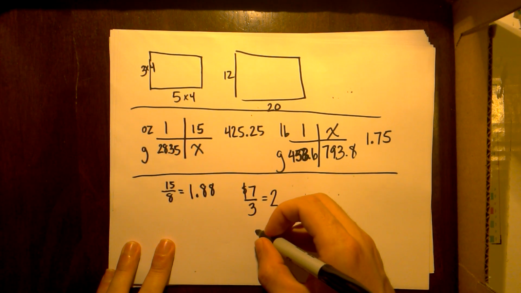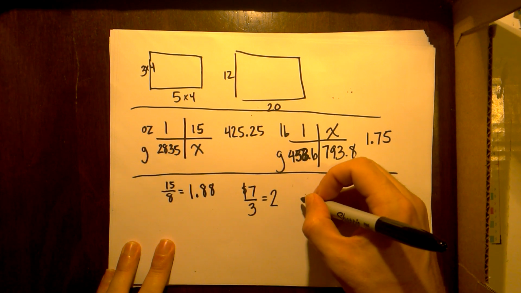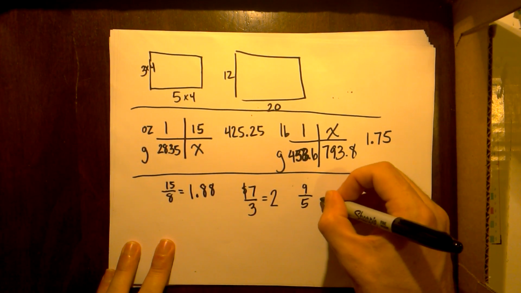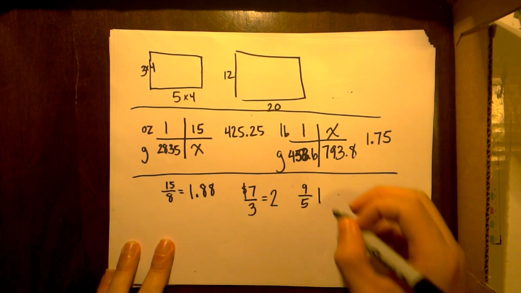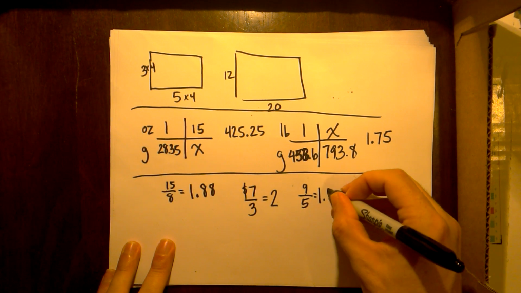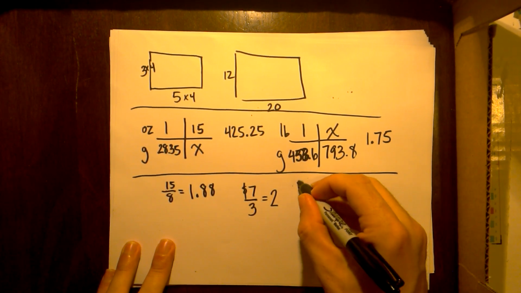Taking a look at B. $9 for 5. 5 goes into 9 1 time, with 4 left over, 5 goes into 40, 8. So 1.80. That's pretty good.